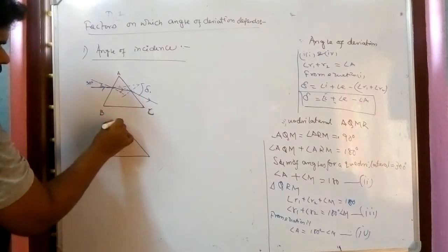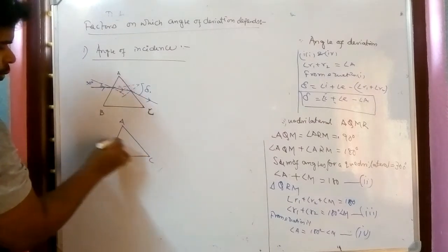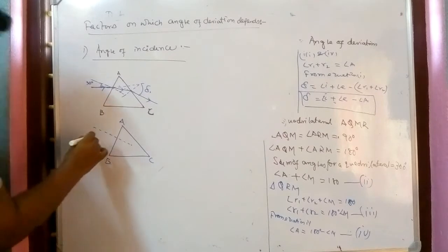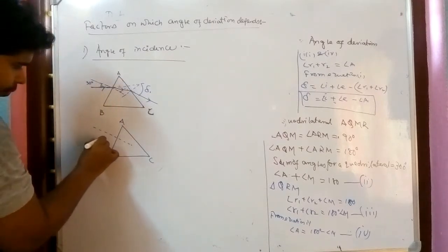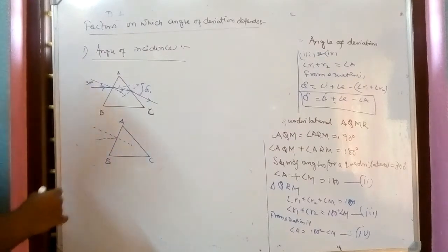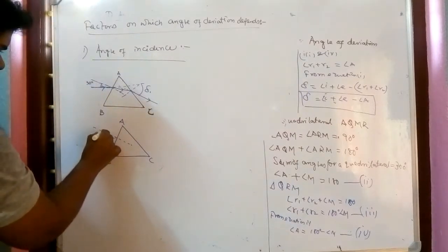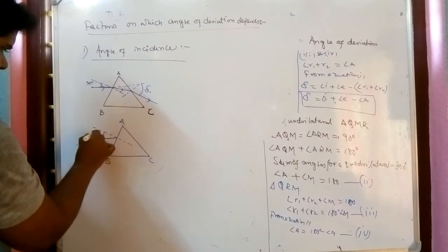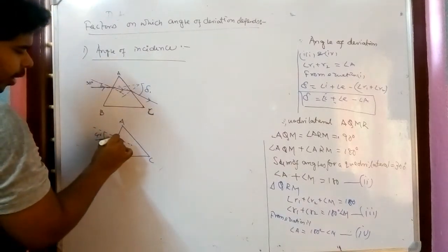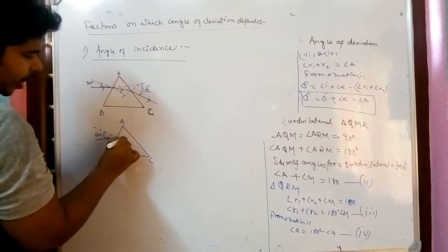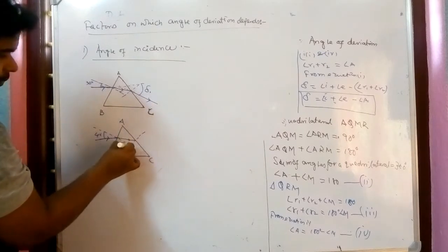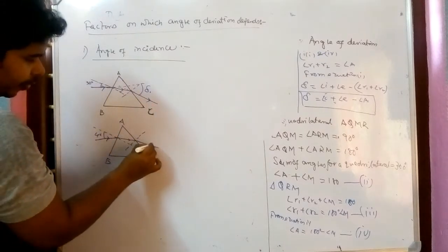Next, on the same prism, we have done one more experiment. That is the normal. It is a little more than 30, so assume it is around 40, this path. If the light ray is incident here, it will bend a little towards the normal, and after that it will move away from the normal.